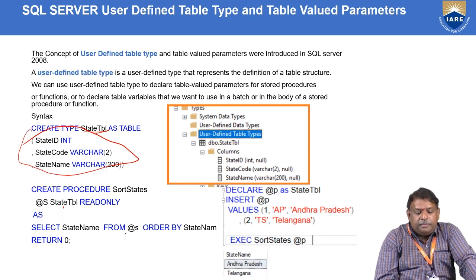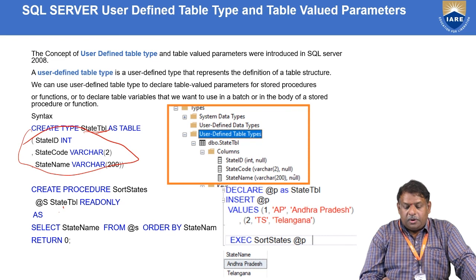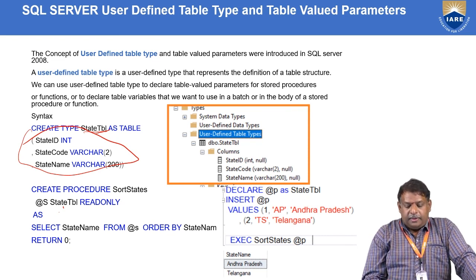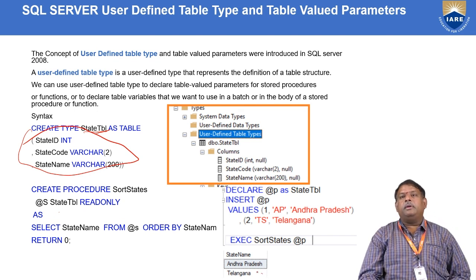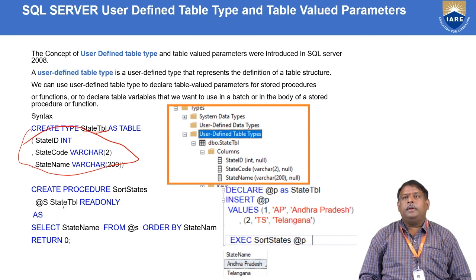Select state from @s order by state. Now, in order to use this stored procedure, declare @p as state table, insert into it values, and then execute the procedure with @p. So use a table variable of the table type. This is the table type. Okay.